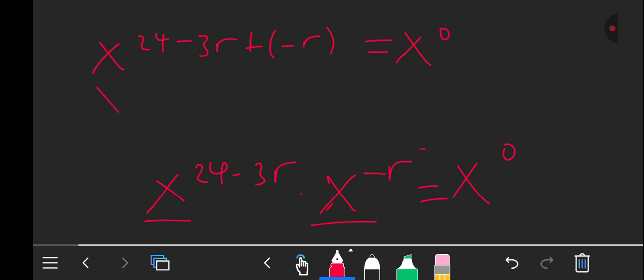So what I have is x to the power 24 minus 3r, positive multiplied by negative is just negative r, equal to x to the power 0. So what I'm going to have is x to the power 24 minus 3 minus r, that is just minus 4r, is equal to x to the power 0.